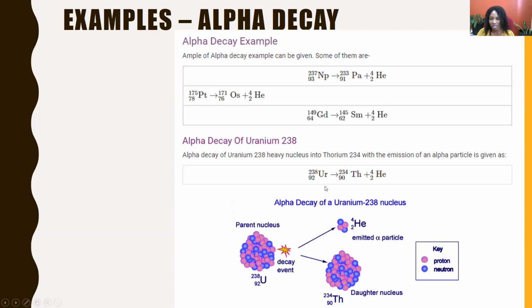So my original element should give me the same amount of mass as my products. Now, if we examine the proton number, we would have realized that it has also decreased by 2. And that is because the alpha particle has a proton number of 2, which means that my daughter nucleus would have a proton number of 90 coming from 92.